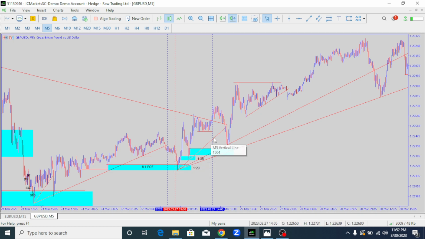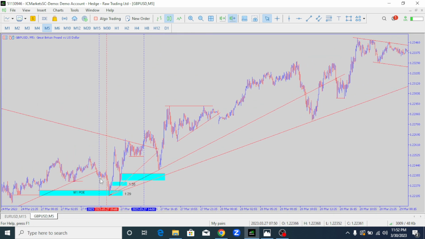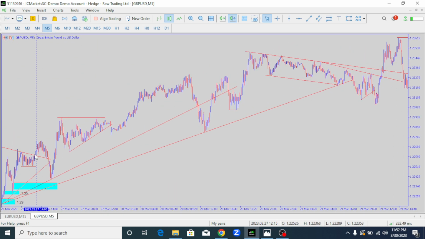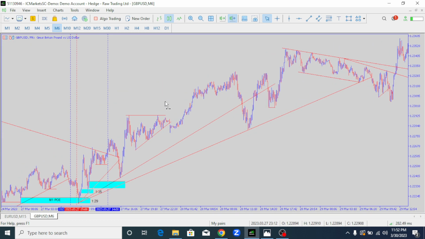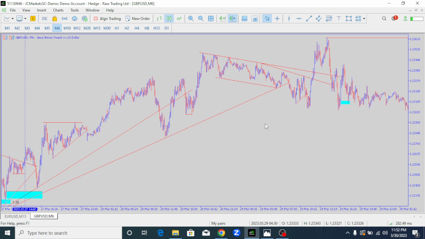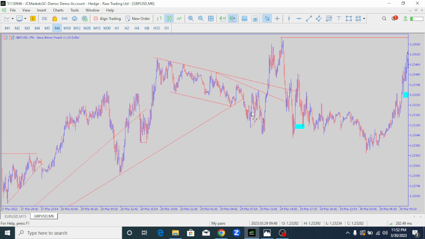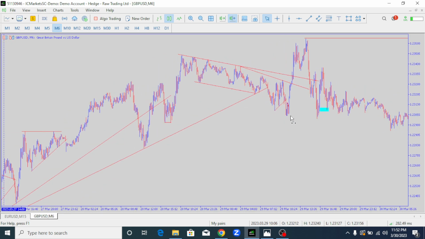This is a third liquidity that was manipulated. This is a fourth liquidity that was manipulated. And this is the fifth liquidity that was manipulated. You see?